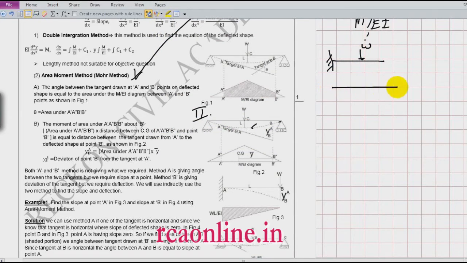Now again, what will be its deflected shape? Let this length be L and this length be L1. So it is the M over EI diagram, WL over EI. Now what will be the deflected shape?